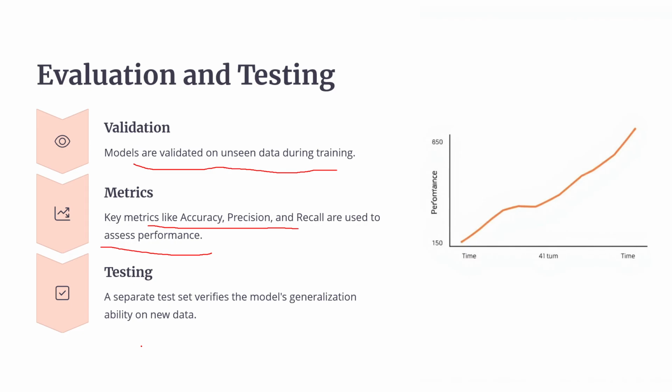One real world example is that before launching an app that detects plant disease, its CNN is tested on thousands of new leaf images. Just like when we launch an app, the makers check it twice or thrice before launching. The same process is done in evaluation and testing.